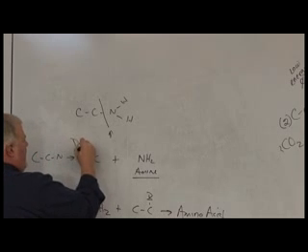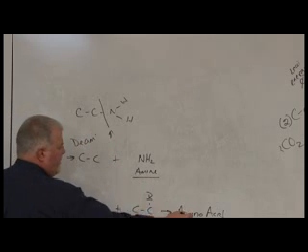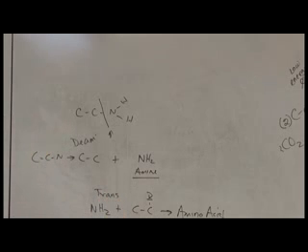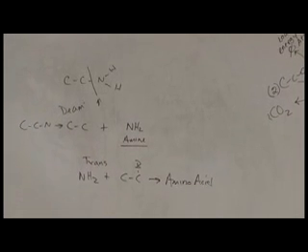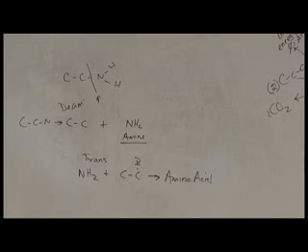This is a deamination. And then where we put it on a different one to make a new amino acid is a transamination. So we have two sequential processes: we do a deamination first, and then we put it on another molecule to make a non-essential amino acid, which is a transamination. Then if we make new proteins by adding amino acids together, it's protein synthesis. If we break down proteins by separating amino acids, it is protein metabolism.